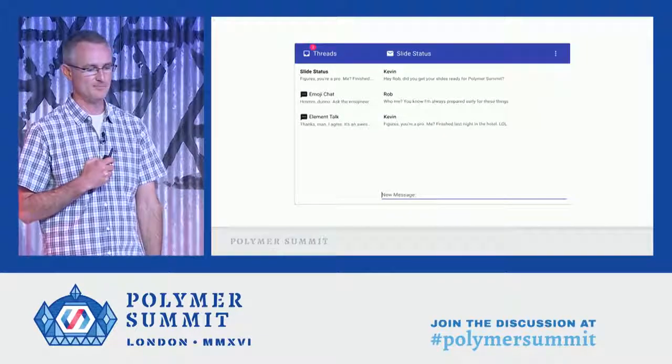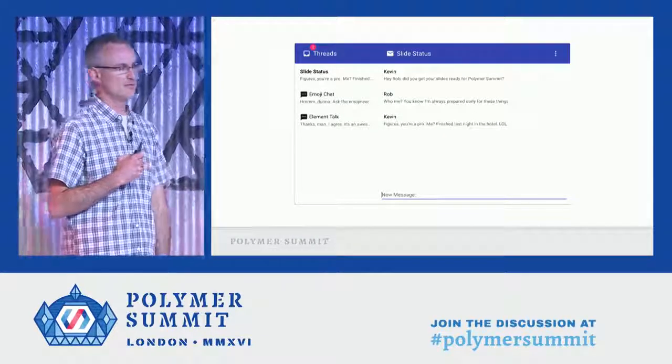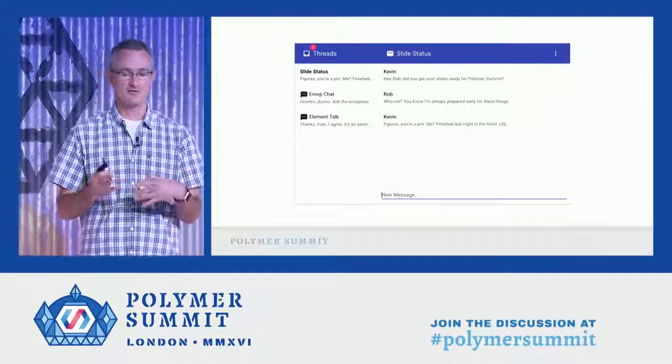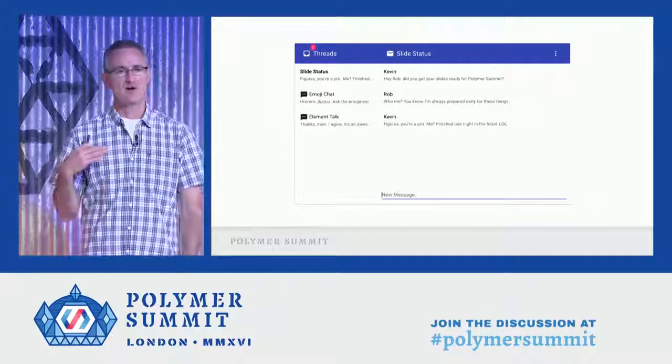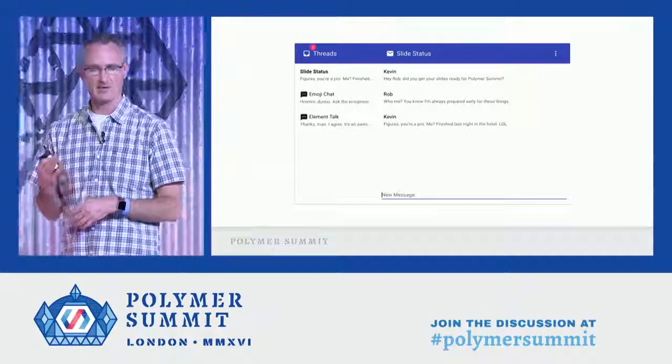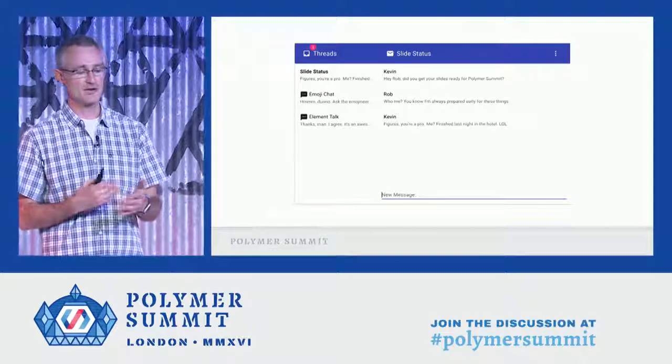Let's take a look at data flow from the app perspective using Kevin's chat view app as our example. So the original app that Kevin built for last year employs bidirectional data flow. But in preparation for this talk, I basically built an alternative version, actually a few alternative versions, using unidirectional flow.